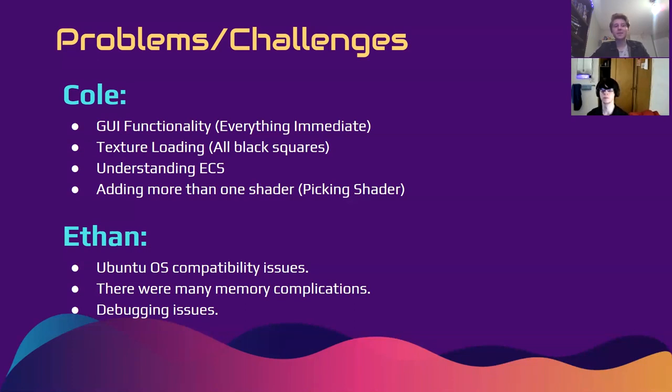And picking, finally. In order to pick objects from the scene, instead of getting mouse collisions and saying if the mouse is at this position and you click, and this object is at this position, then that's the object, that would take a lot of checks and it wouldn't be very efficient.